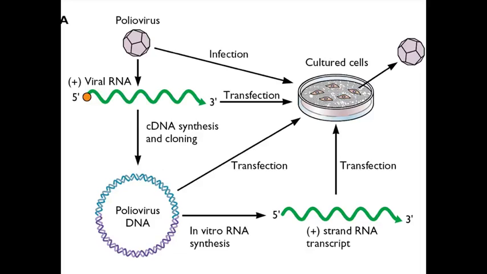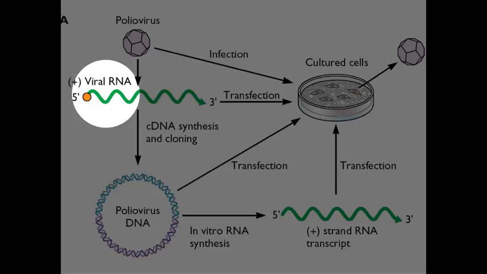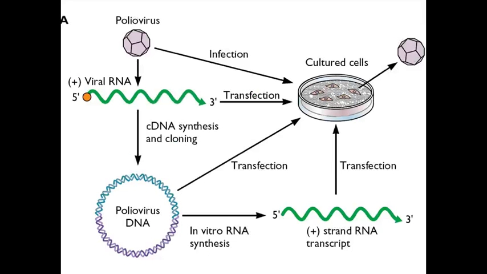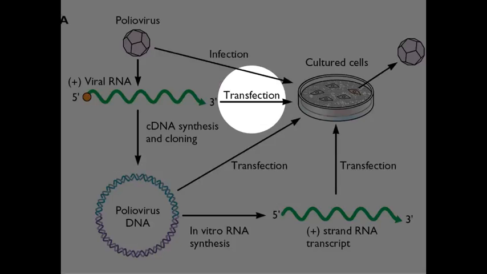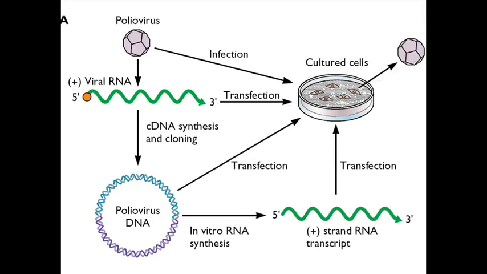So for example, with poliovirus, the virus contains an RNA genome. It's plus-stranded. If you extract that RNA from the particle, which you can do, and you can purify the RNA, if you inserted that into cells by transfection, that would initiate an infectious cycle. Just the mRNA, because it just has to be translated, you make proteins, and you initiate replication.